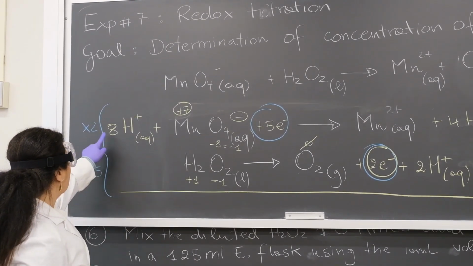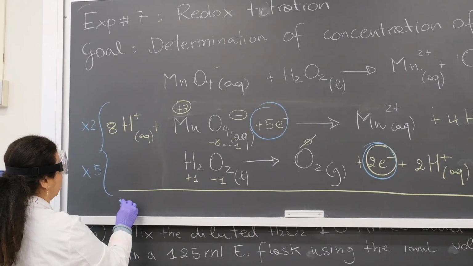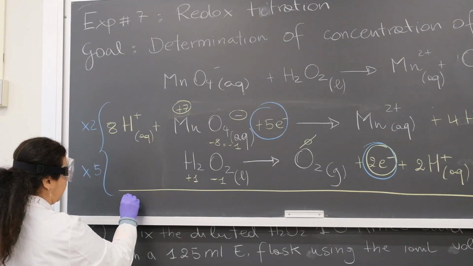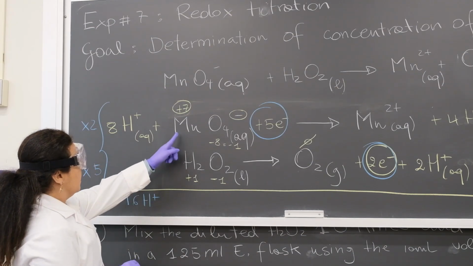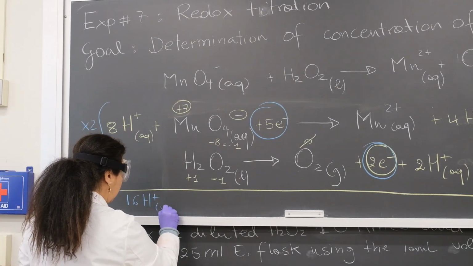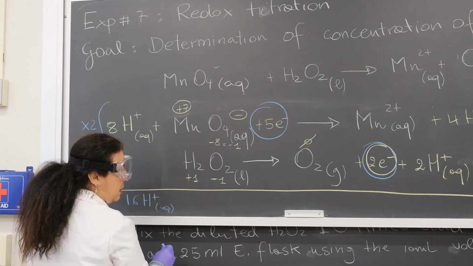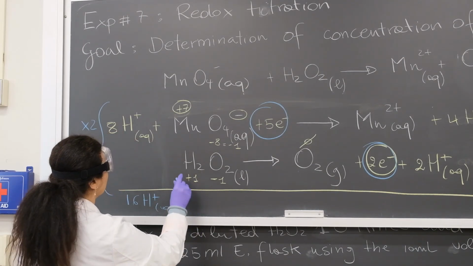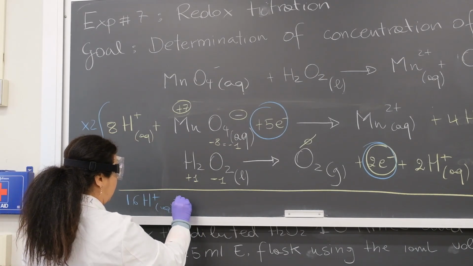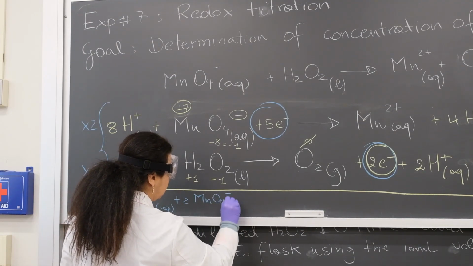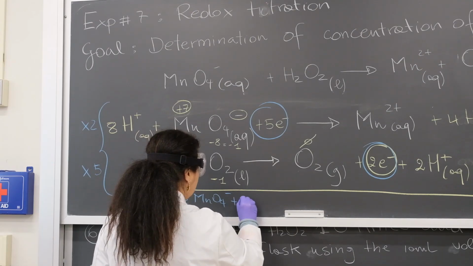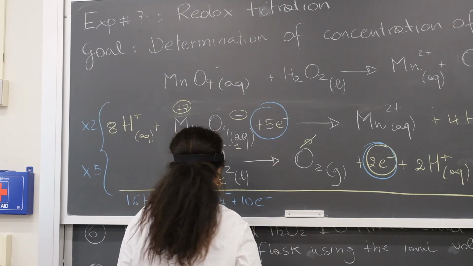So 2 times 8 is going to be 16 protons, aqueous. The permanganate is going to be 2 permanganate ions plus 10 electrons on this side.